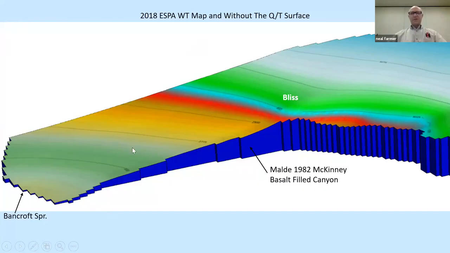And so if we want to extend this ESPA water table map from Bancroft to Bliss, we really need to get some groundwater measurements for control in between.